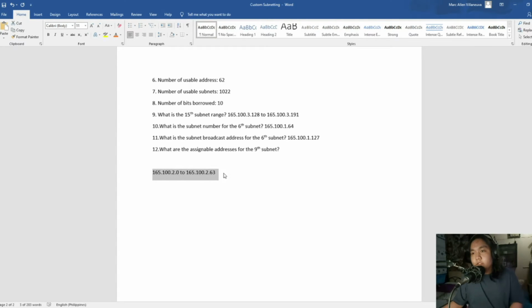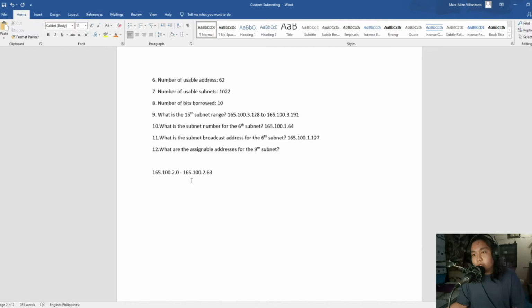As you can see, what we said earlier, the first value and the last value is invalid, or we cannot include it. This is the first value, and this is the last value.